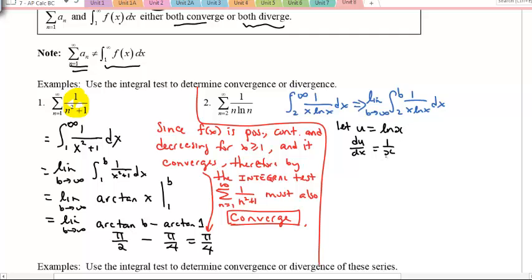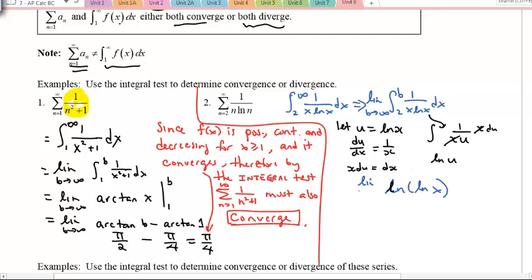Oh yeah, I think this works well. dx equals x du. Remember all this lovely stuff? This then just becomes 1 over u. dx becomes x du, which cancels out with the x in the denominator, which means you're integrating 1 over u, which is just ln of u, which is really just ln of x. That's the integral.